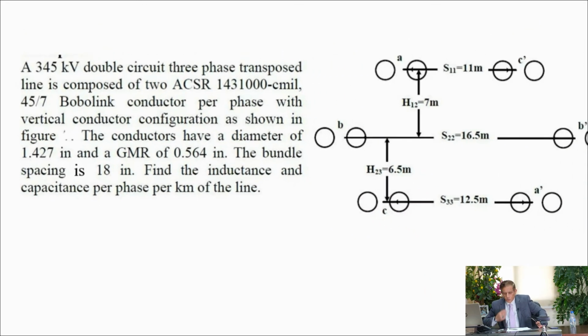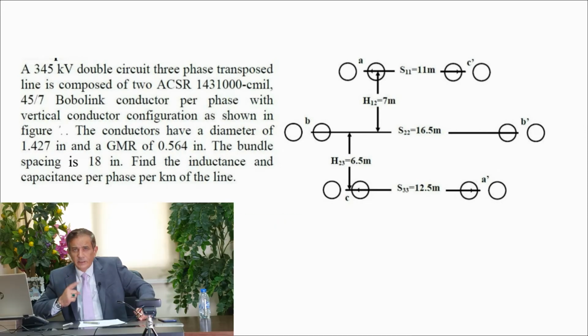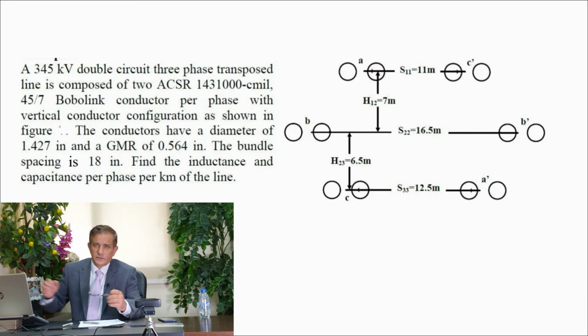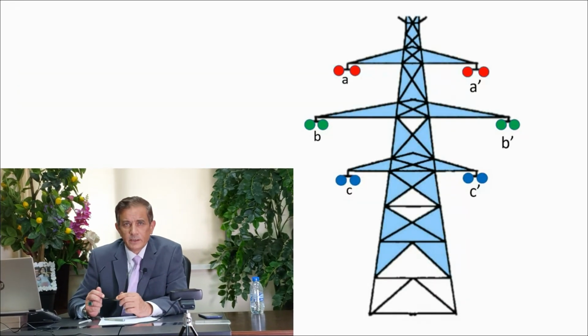First thing, to imagine this, see here, you have two circuits. On the left hand side it's ABC, then A dash is coming down now. So normally this can be found in towers like this. In this tower we have double circuit, A dash, B dash, C dash.